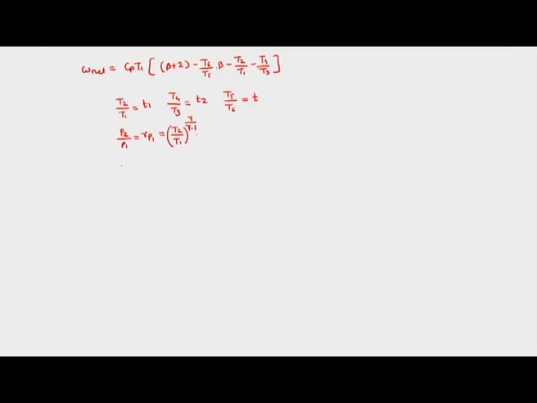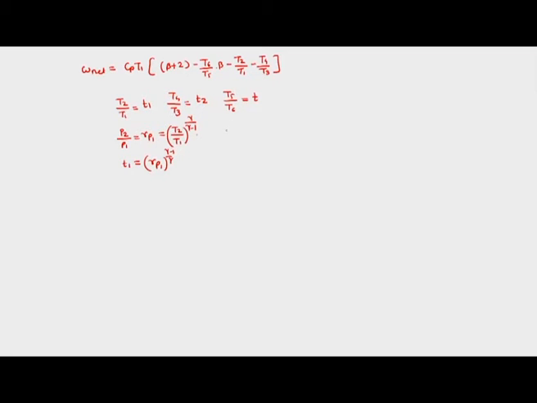So it means that T1 is equal to Rp1 bracket raised to gamma minus 1 upon gamma.